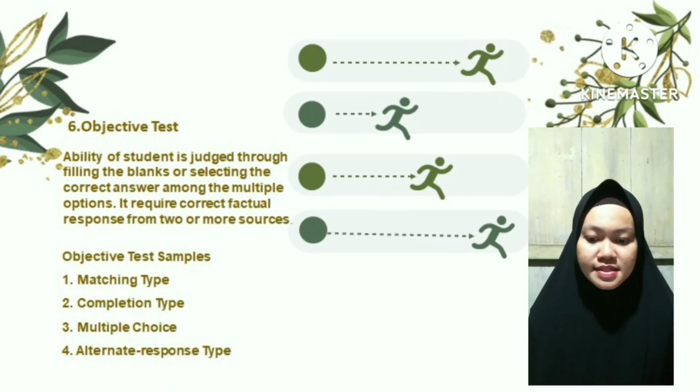Well, next, the sixth, matching type. Matching type provides a defined term and requires a test taker to match an identifying characteristic with the correct term. There are advantages of matching type. First, matching type items usually require less time for test takers to answer.